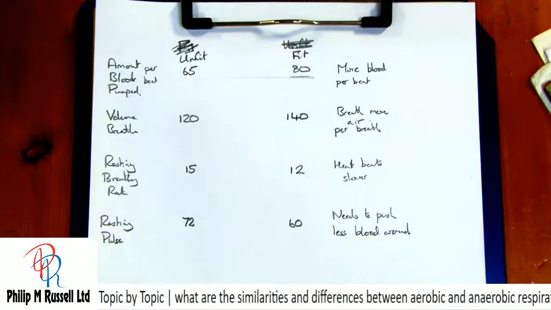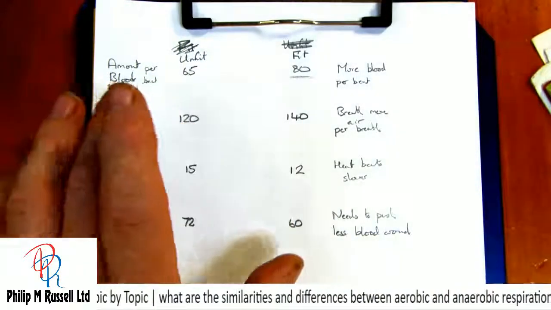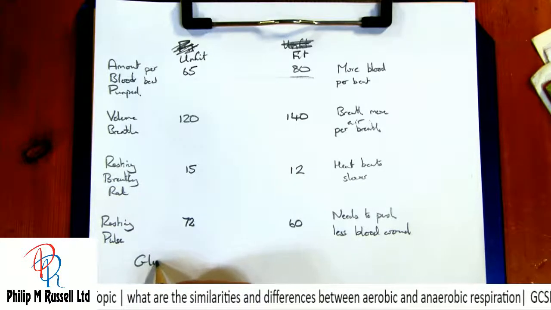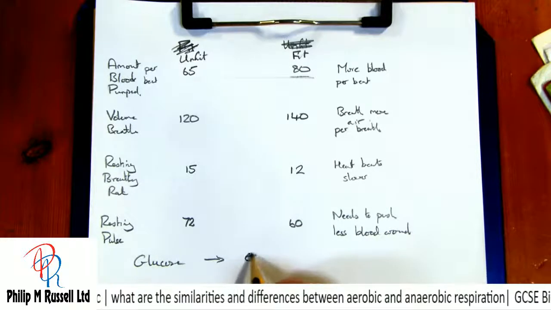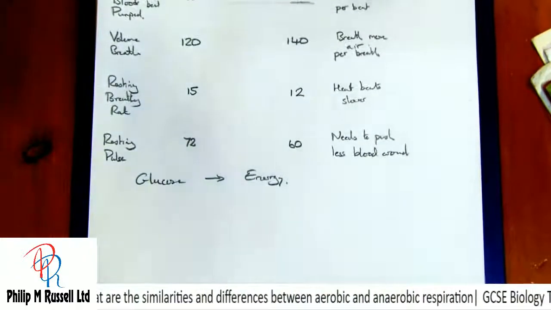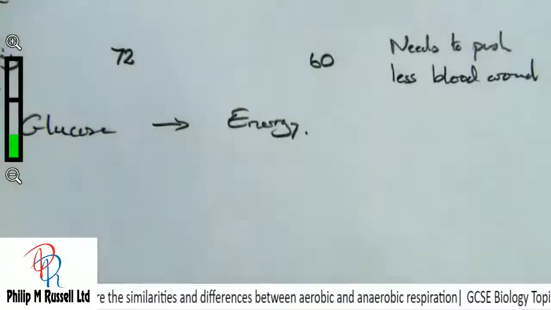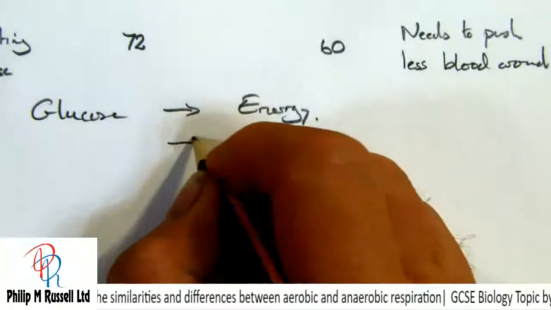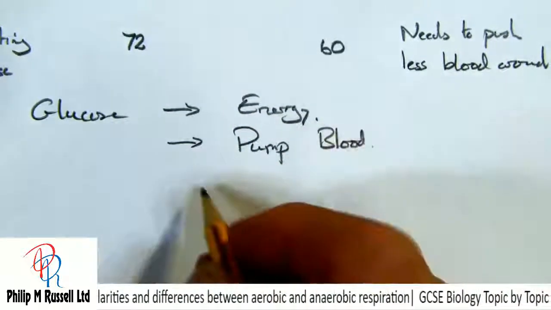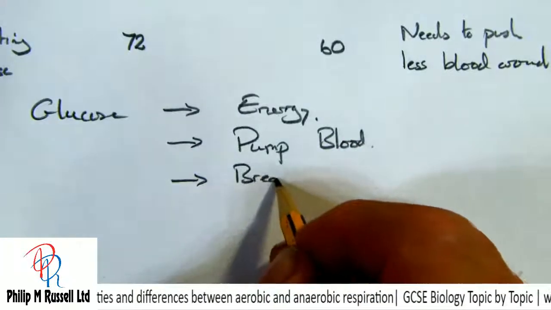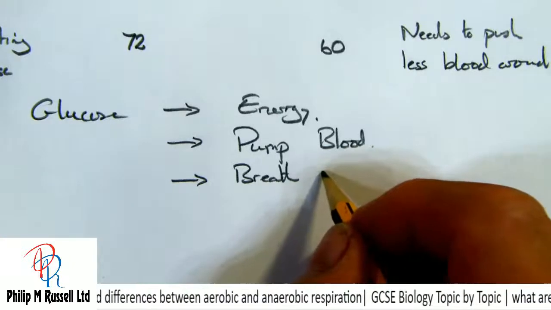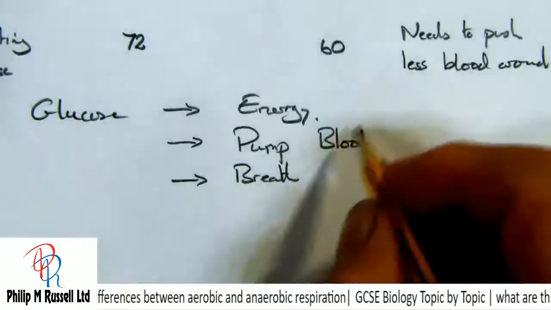So, to be fit, what have you got to have? You've got to have the ability to convert glucose to energy at a reasonable rate, and as well as that, you've got to be able to pump blood around the system efficiently and to breathe and move a fair amount of oxygen.